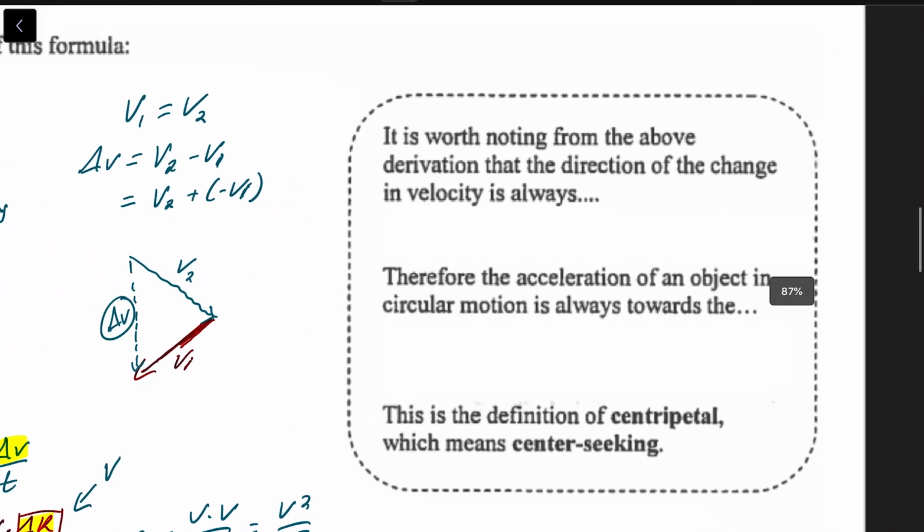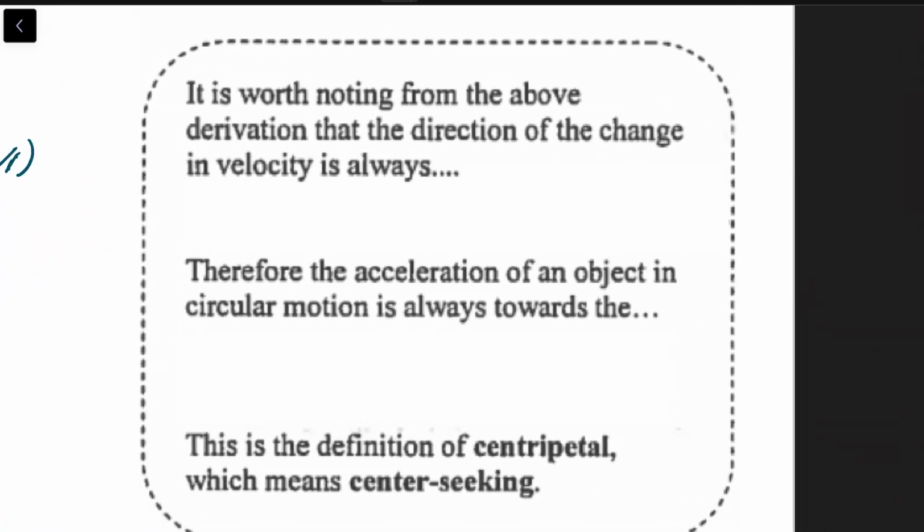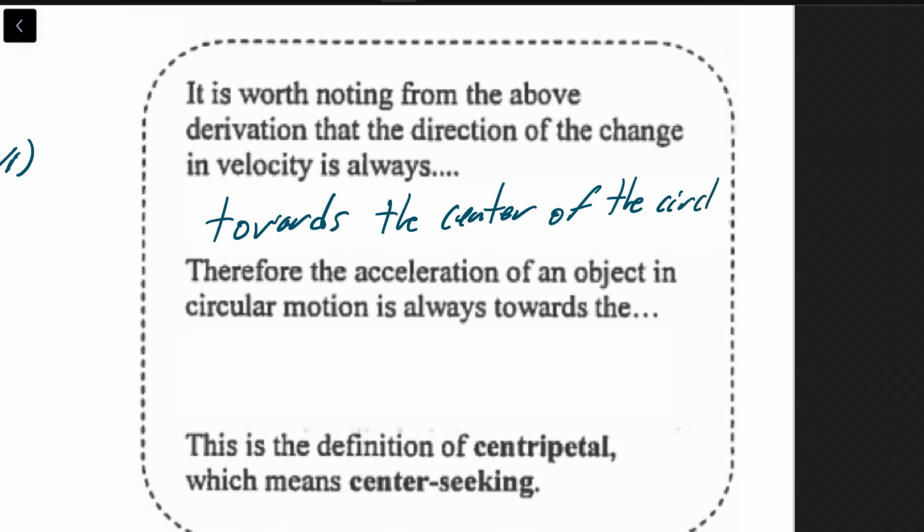A couple things worth noting here from the above derivation: the direction of the change in velocity is always assumed to be towards the center of the circle. Okay, because we're using the points that are closest together because we're looking for instantaneous acceleration.